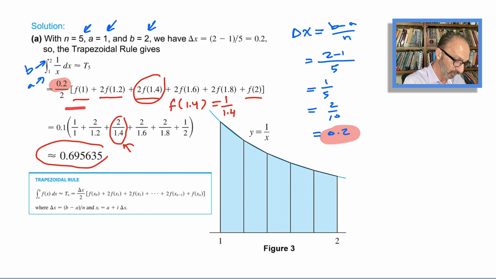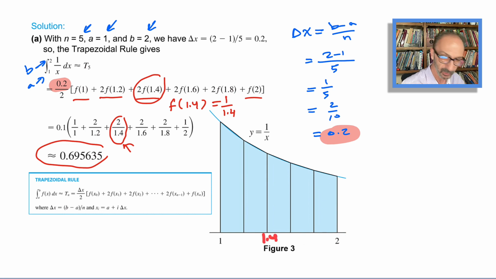Notice that we have f of 1. That's the first point ever, which is f of x sub 0. And it's down below right here. And then we have the twice mentioned. For the third interval right here, or third stripe, we have 2 times, everything is 2 inside, times f of 1.4. And this is 1.2, 1.4, we're adding 0.2, and 1.6, 1.8, and then 2.